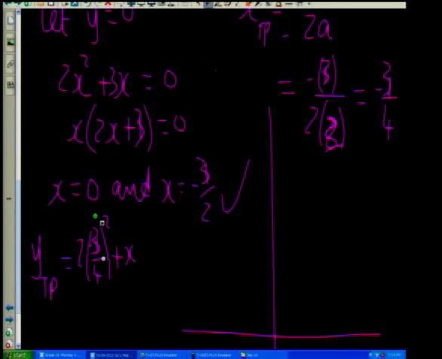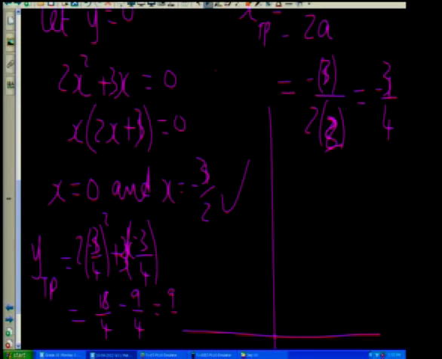And that is supposed to be 3 into minus 3 over 4. All right, so what you'll then have is a 9 times 2, that's 18 over 4, minus 9 over 4. All right, so that gives us 9 over 4.